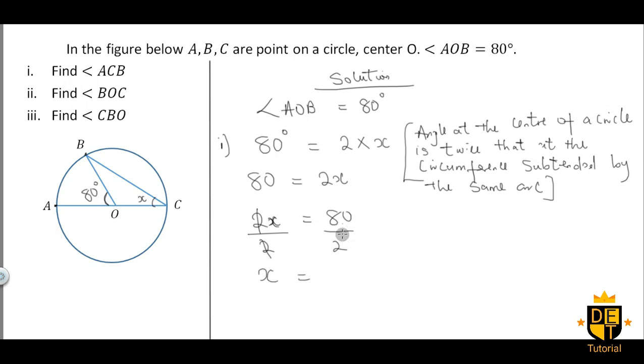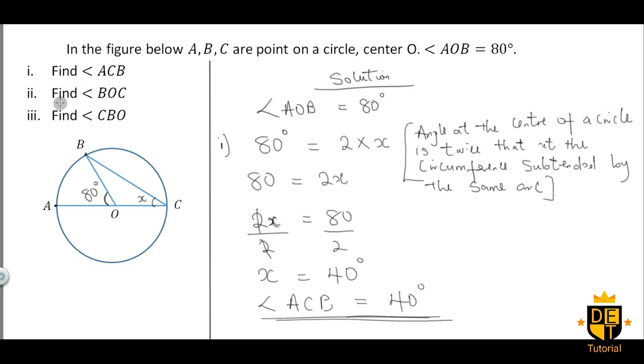X is equal to 80 divided by 2, which gives 40 degrees. So my angle ACB is equal to 40 degrees. This is the answer to this first question.